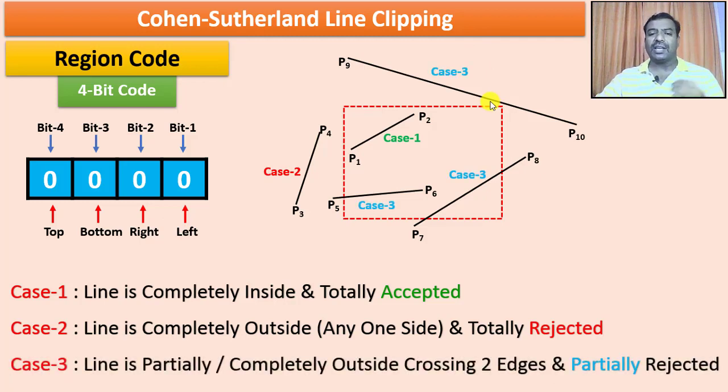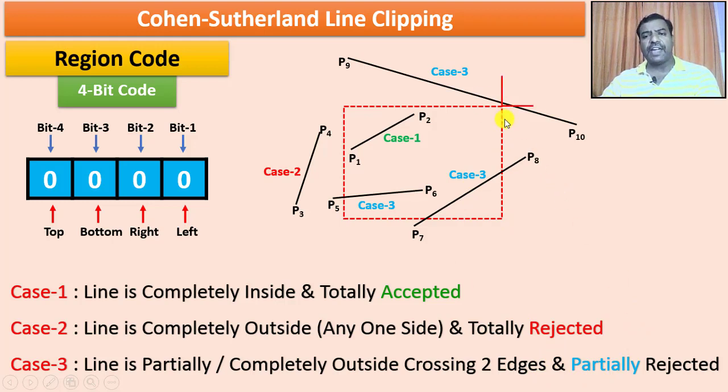And now case 3: the line is partially or completely outside, crossing 2 edges. I can have a line which is partially inside, crossing 1 edge, or partially inside, crossing 2 edges, or even without crossing any interior, it crosses 2 edges if I extend the line. If I extend the line, that is where we say partially rejected right now.